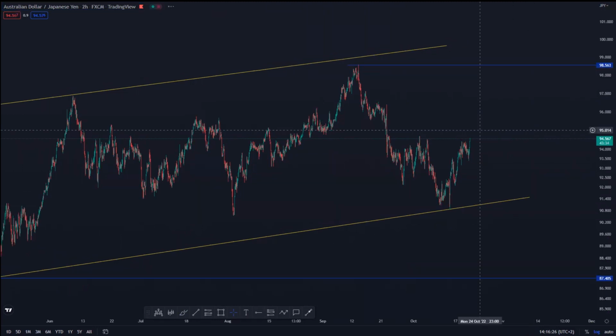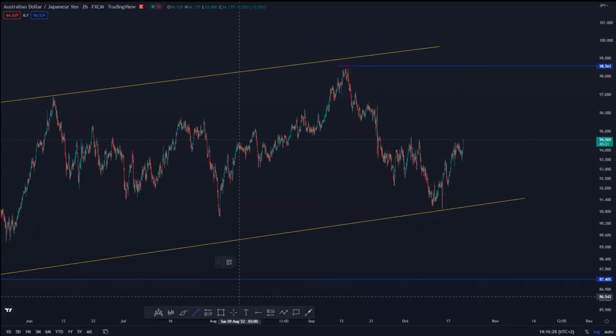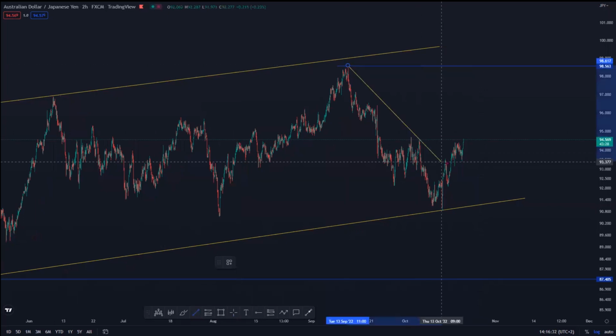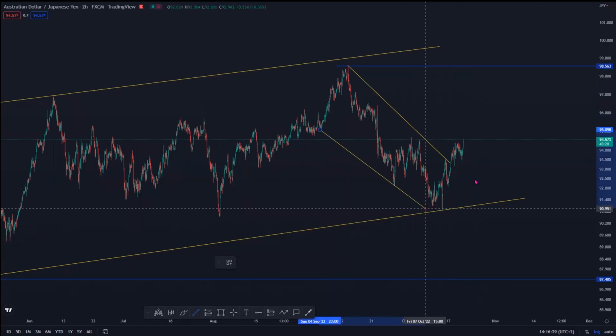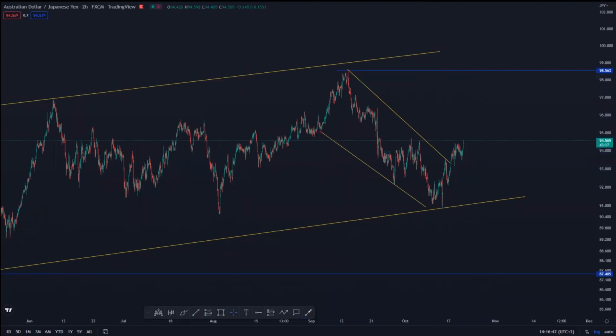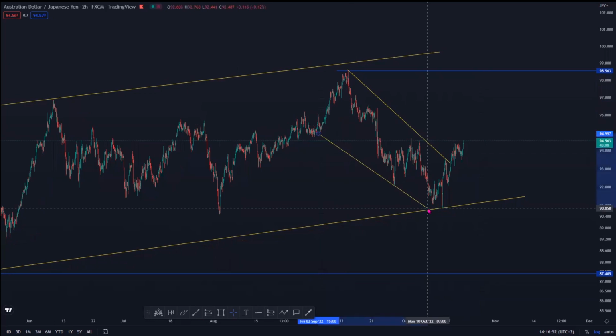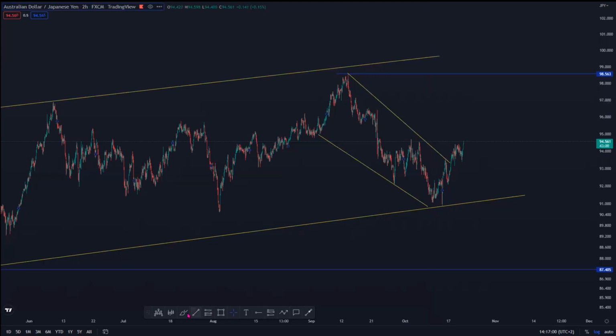On 2 hour we are having a bullish structure, a pattern inside a pattern, a small structure inside a bigger structure. As you can see, the market broke with an impulse and it gave us a correction, now shooting up.